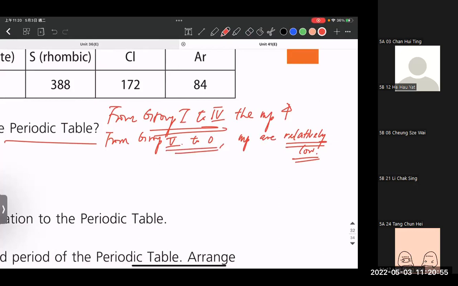How is this general trend related to the different types of elements? What patterns do you find?